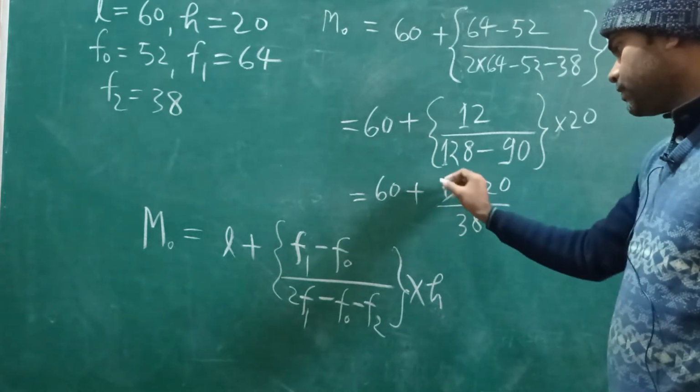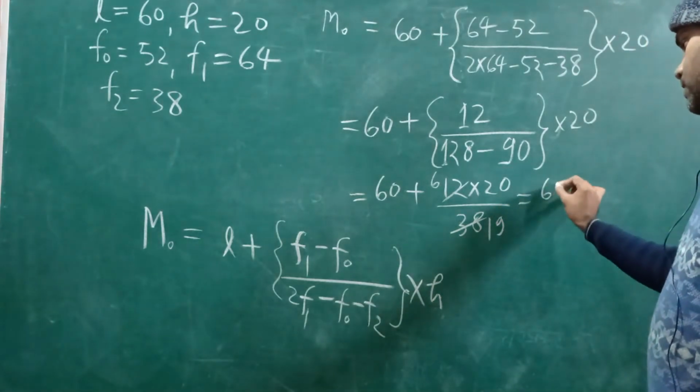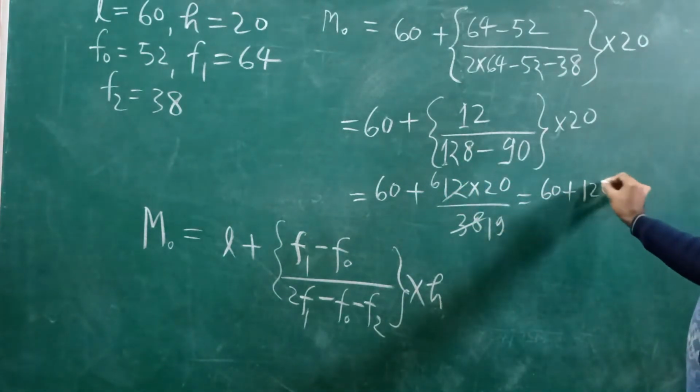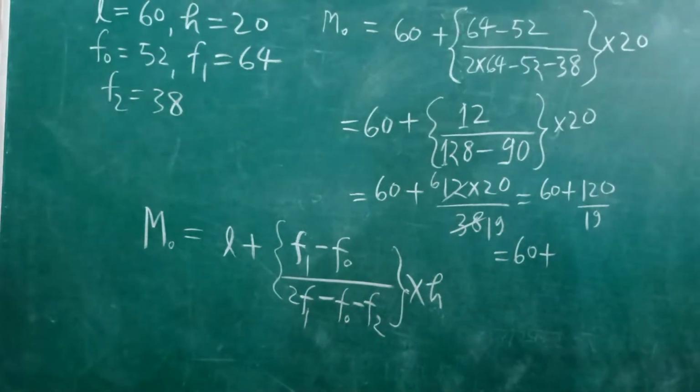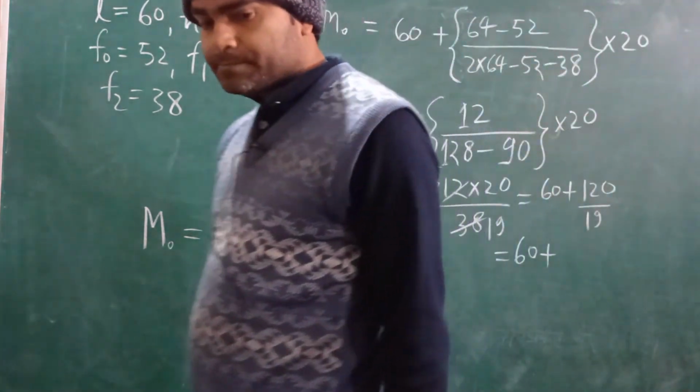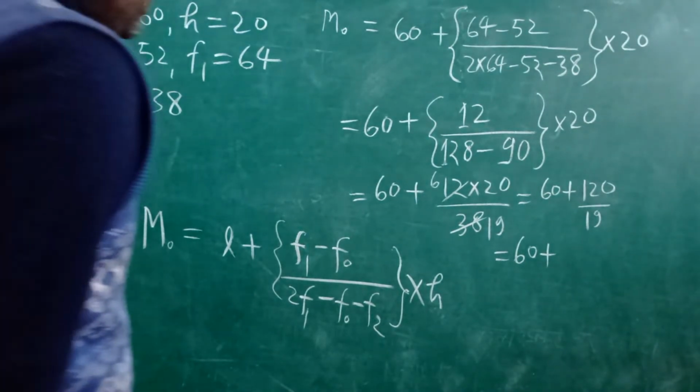That is 60 plus 120 upon 19. 19 times 6 is 114. 120 divided by 19 is 6.31.